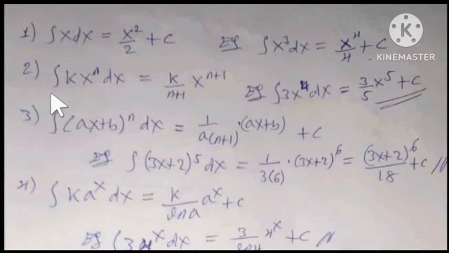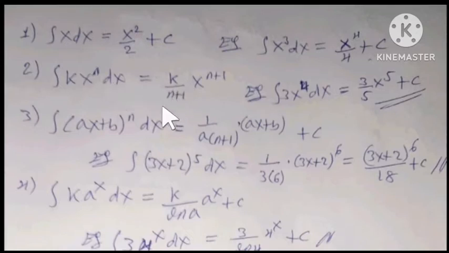The second property: the integral of k times x to the power of n dx, where k is any constant number. For this type of property, it is 1 over n plus 1 times x to the power of n plus 1.